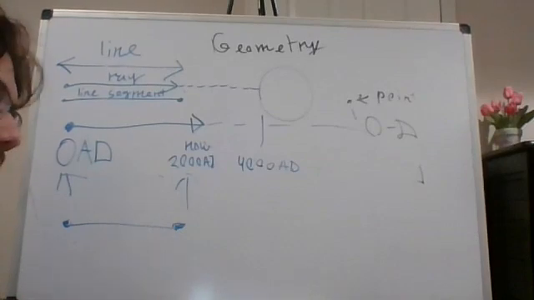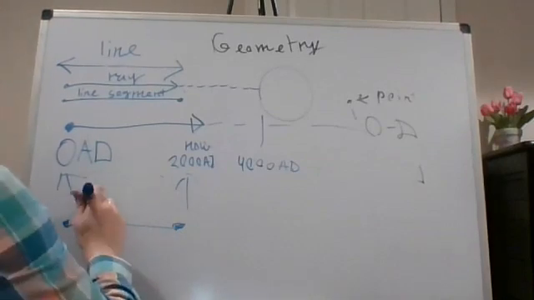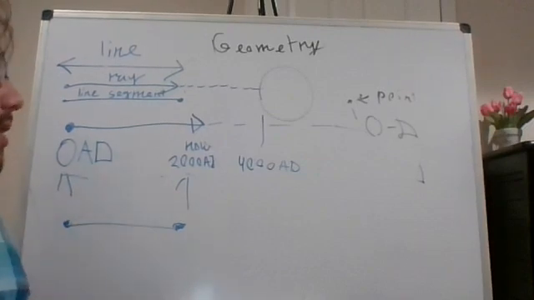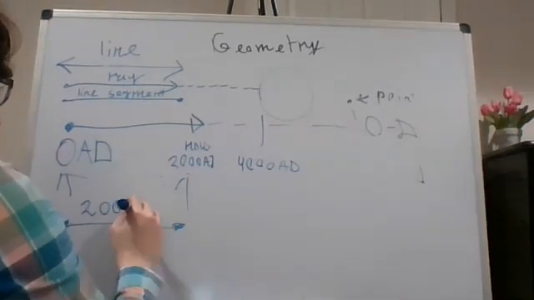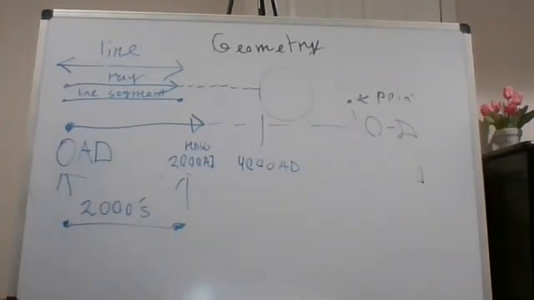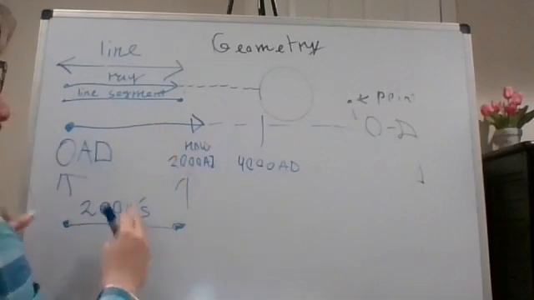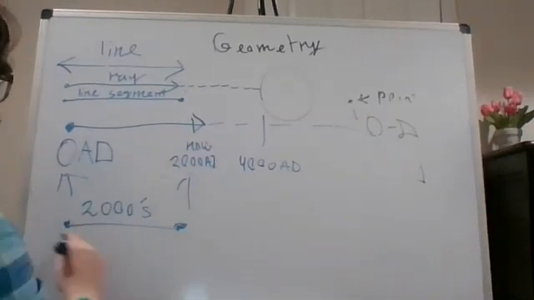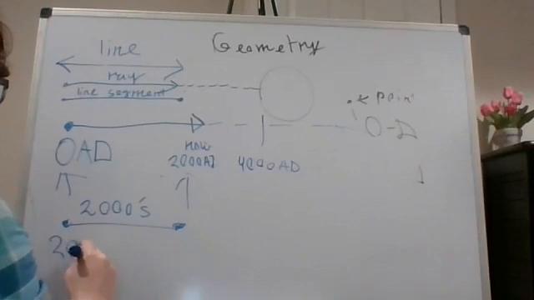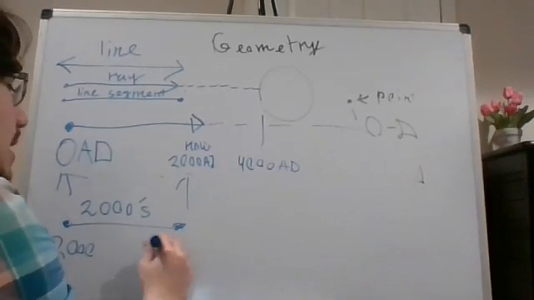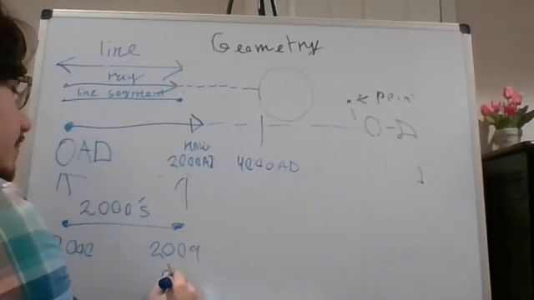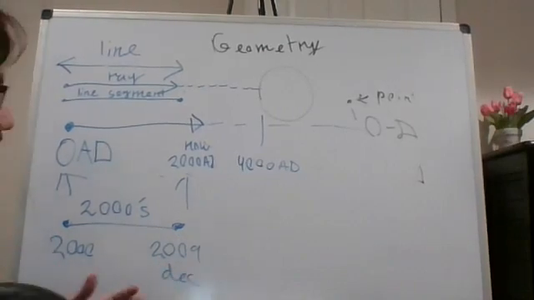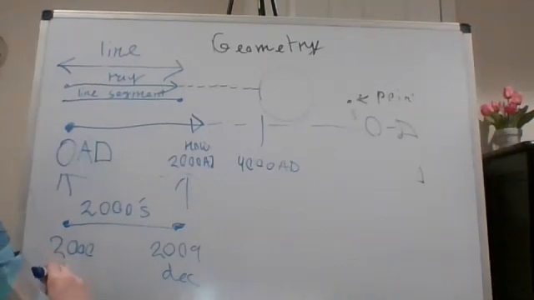Let's say with time again, let's say that this line describes the year 2000. So in the timeline of the year 2000, it starts in January and it ends in December.